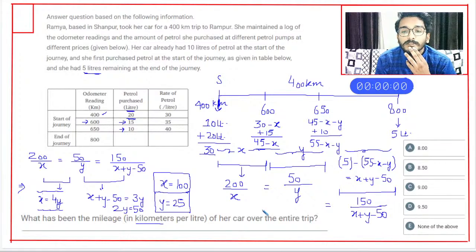Y has been consumed, 10 liters. Oh, this is correct. This is correct. Okay, okay.